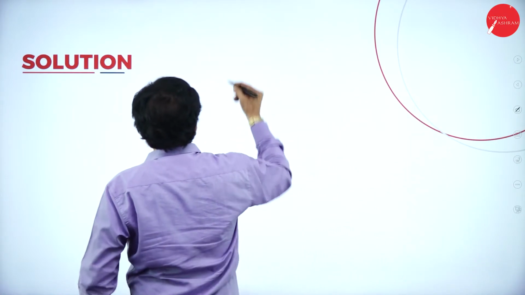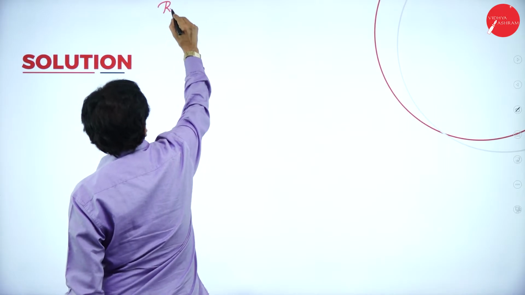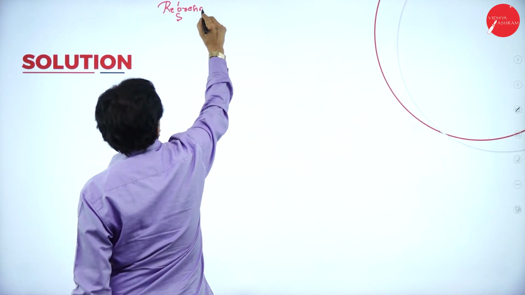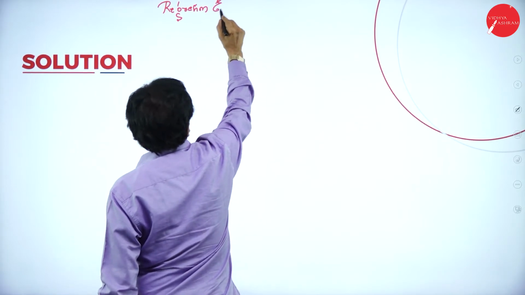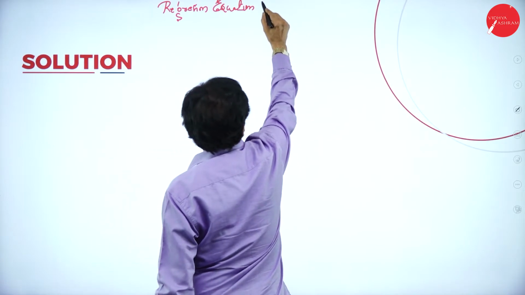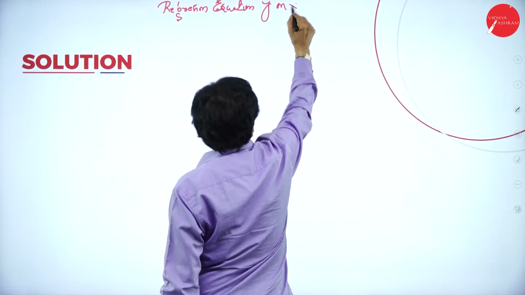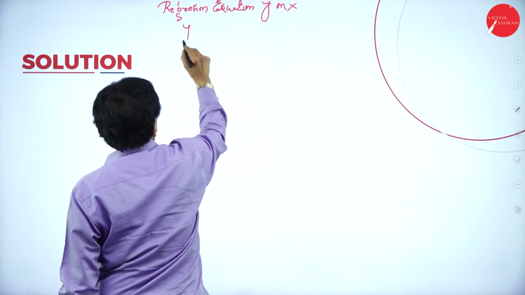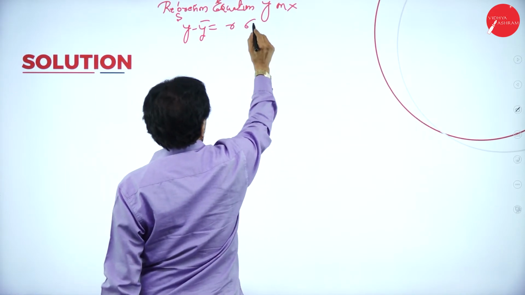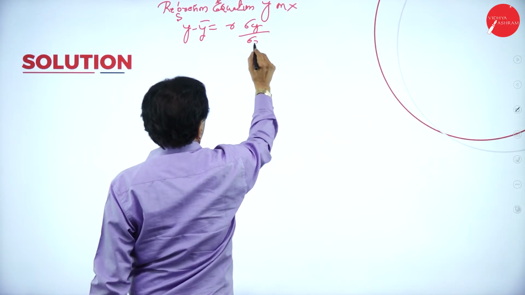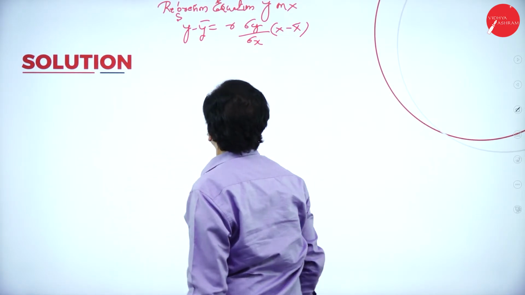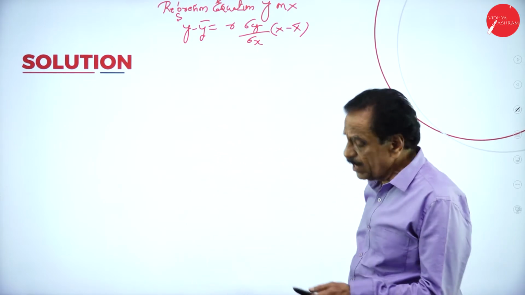Regression equation y on x: y minus y mean equals r into standard deviation y over standard deviation x into x minus x mean. Apply slowly.